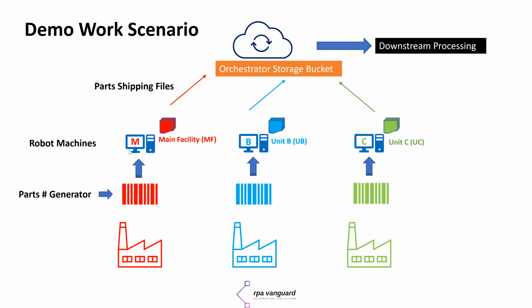And then finally, when these two automations push all the part numbers up to the orchestrator, we look at the differences between how the robot at the main facility executed the automation and compare that with the same automation executed by the robot at Unit B, and then compare the two results to see how the global asset values that were overridden in the orchestrator played a role in making the same automation work under different circumstances, right?